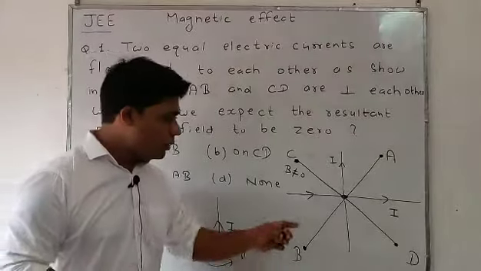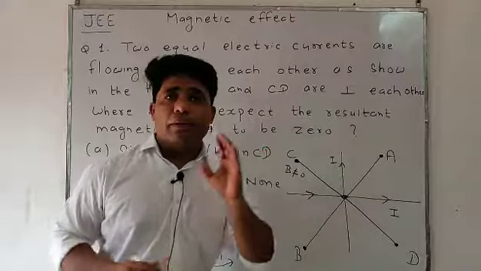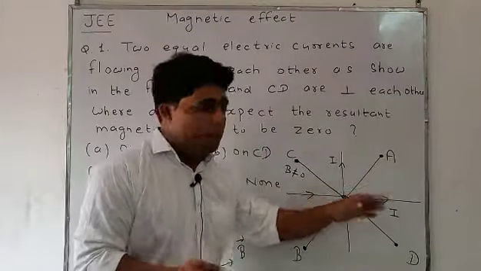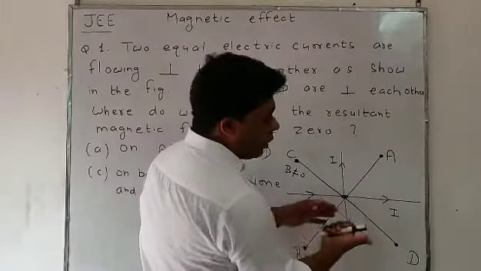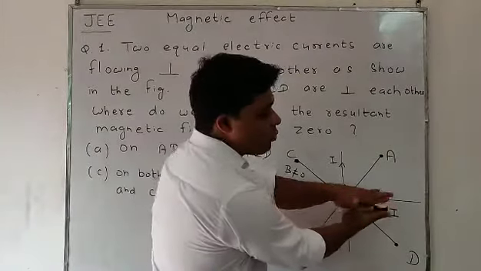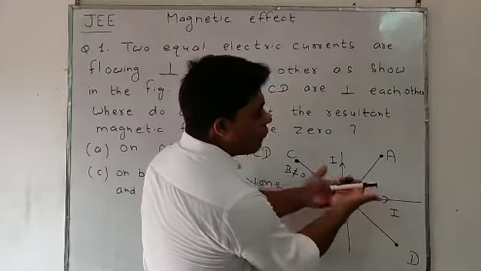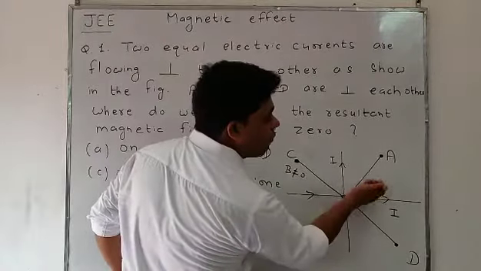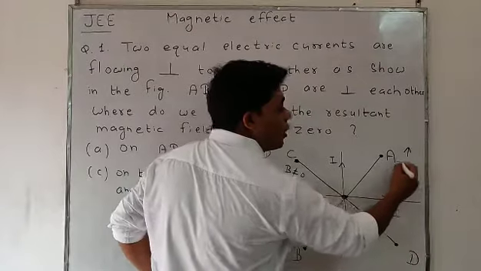Now students, come to point A. Suppose I'm now applying the right hand thumb rule for finding the magnetic field at point A. Look at students, current is moving in that direction. The thumb is showing the direction of current, then the direction of the fingers will represent the direction of the magnetic field. It means the magnetic field will be outward.